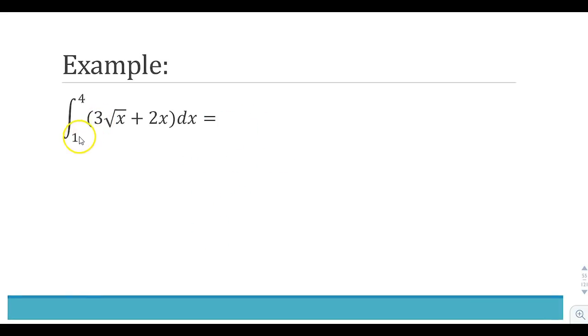Here we have the integral from 1 to 4 of 3 radical x plus 2x dx. So we have to take the antiderivative of 3 radical x plus 2x, or 3x to the 1/2 plus 2x.